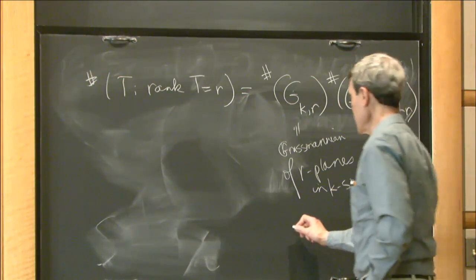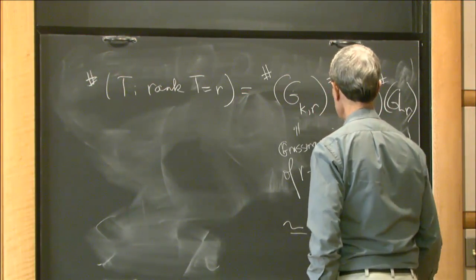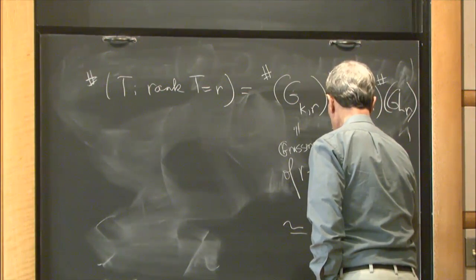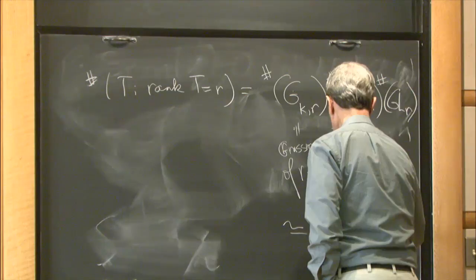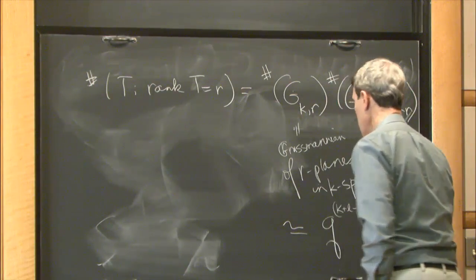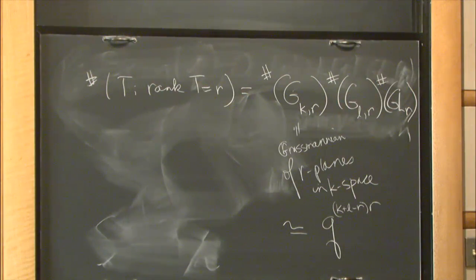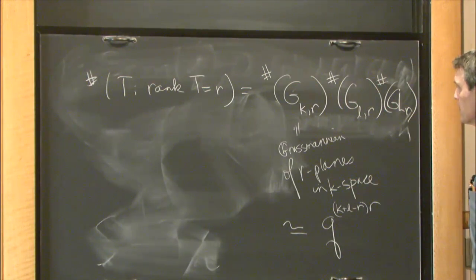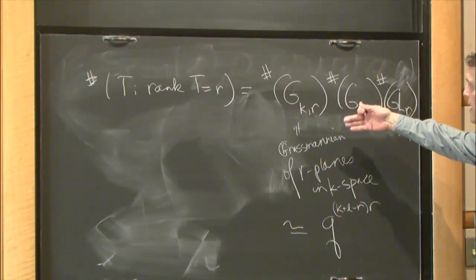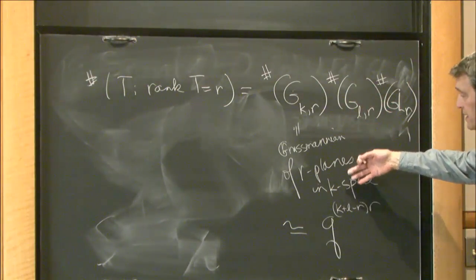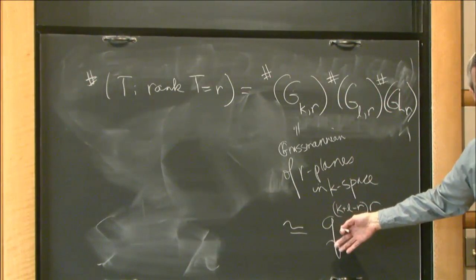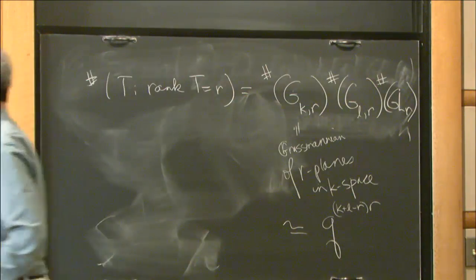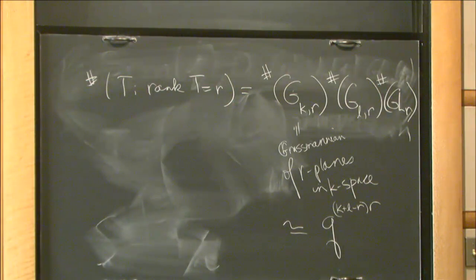If you check it out, this has size roughly q to the (K plus L minus R) times R. So it's easy to see that this increases fairly rapidly with R, so that the rank of a representation is related, at least in a loose way, to the dimension of a representation. And the bigger the rank, the bigger the dimension.